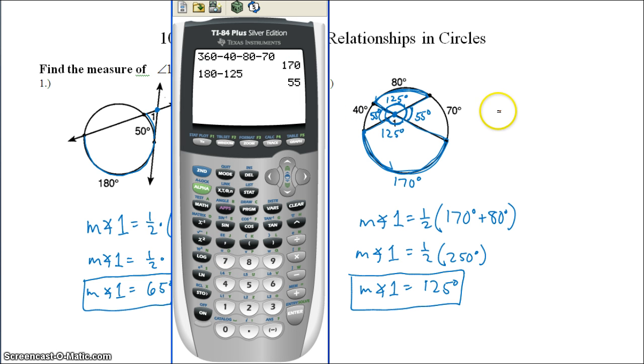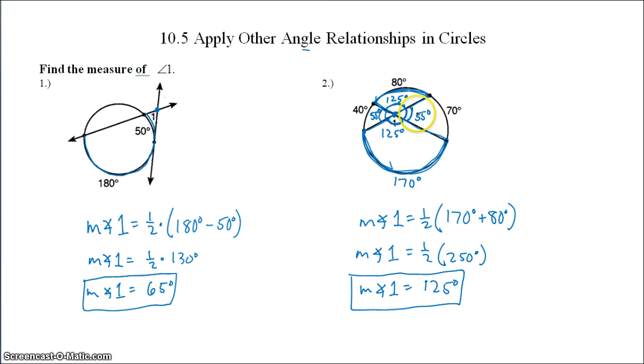Well, 70 plus 40 times 1/2, yeah. So this angle is 55 degrees, and that makes sense with our arcs. Don't forget about the fact that we have vertical angles and linear pairs in this picture also.